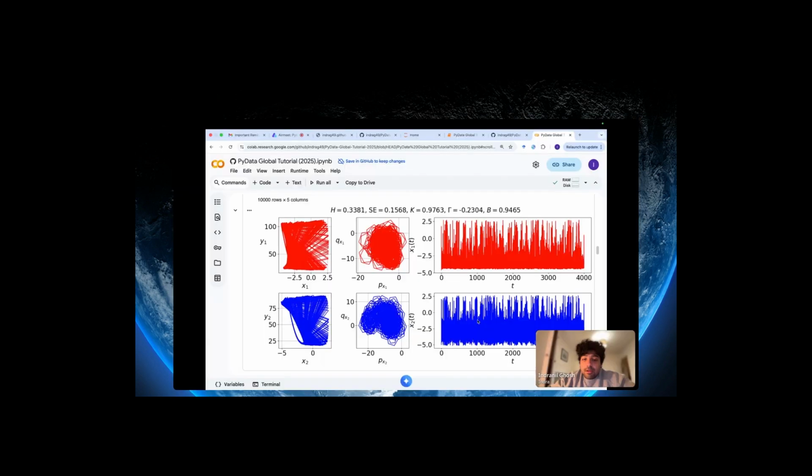And the Hurst exponent is less than 0.5, which means the time series is anti-persistent, which also is intuitive, right? That means the value at time, let's say 1000, is not following the trend of the time series at time 999. The reason being it's chaotic, so all these quantities are giving you the right sort of characterizations.